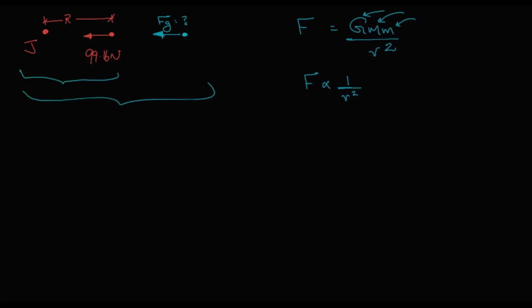So now the question is, what is that force? If I look at the equation, which is GMm over r squared, we can use the proportionality, F proportional to 1 over r squared, because the values in the numerator are all constant for the first scenario and the second scenario.